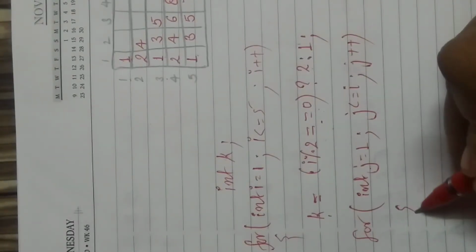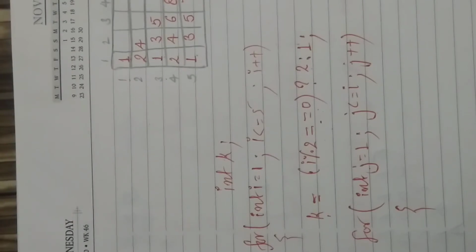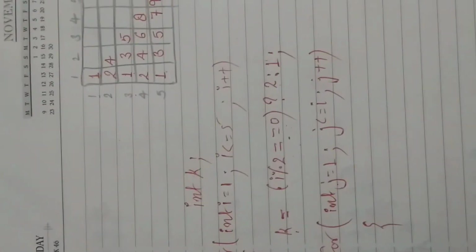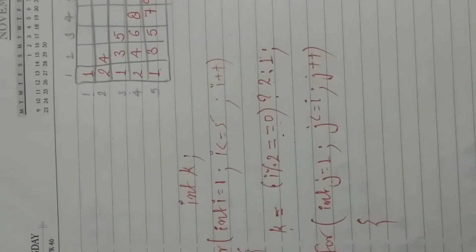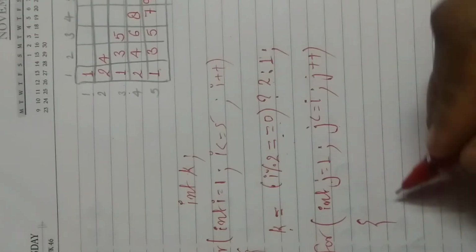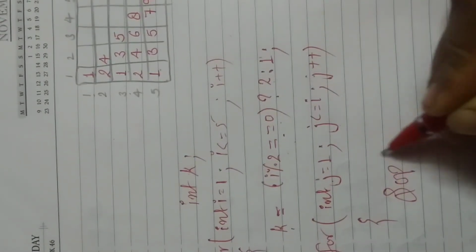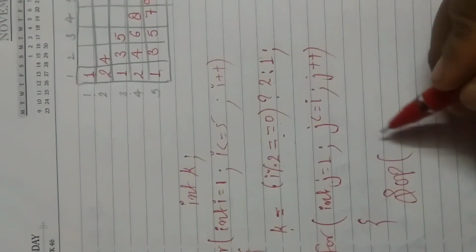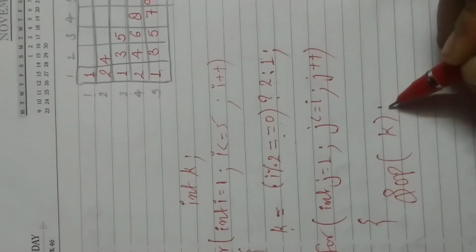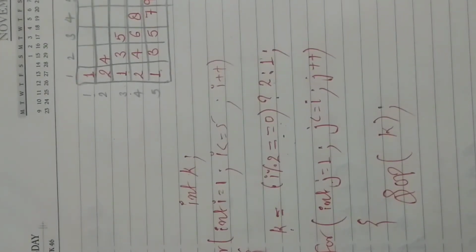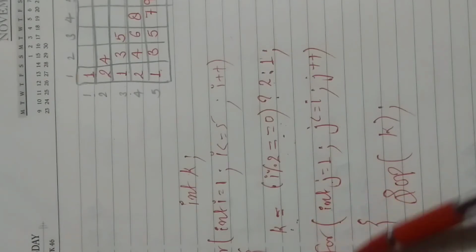After this we have to print the value. Here we write SOP and print the K value. K value means the starting value.